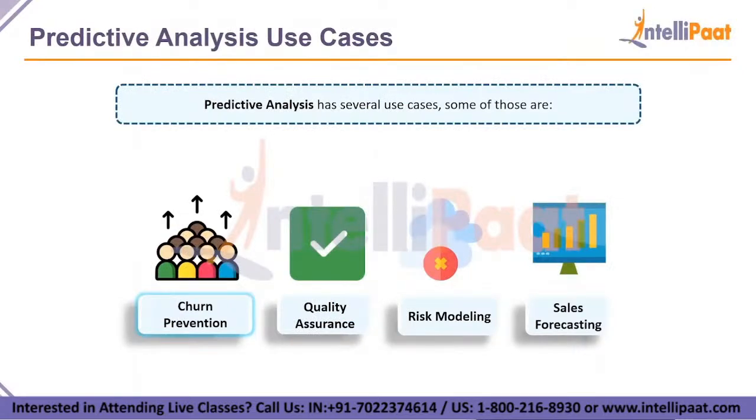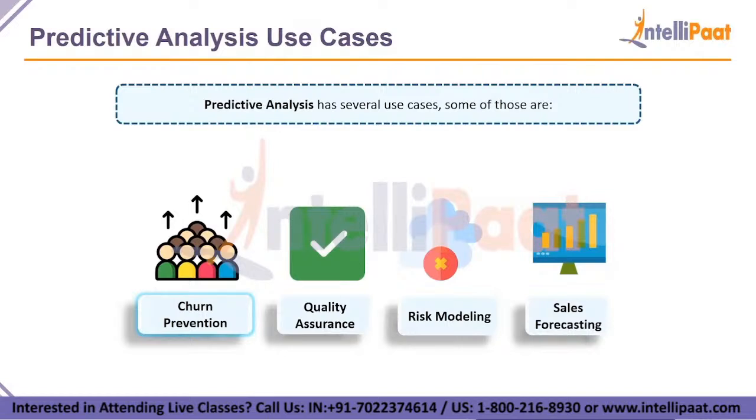The first one is churn prevention. So churn prevention basically allows you to figure out whether or not a customer will leave your service. If you are, for instance, working at Netflix, customer churn would be a customer unsubscribing from your service, leaving their subscription, not paying fees for further coming months, and that means that the customer has churned.